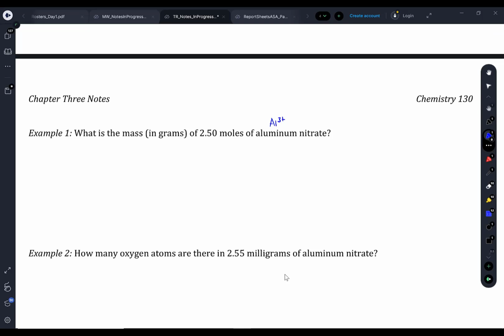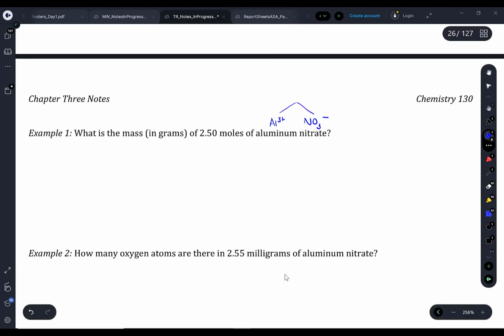NO3 1 minus, very good. So the formula of aluminum nitrate has to add up to a 0 total charge, right? So every 1 aluminum needs 3 nitrates. And how are we going to show 3 nitrates? It's not NO33, right?